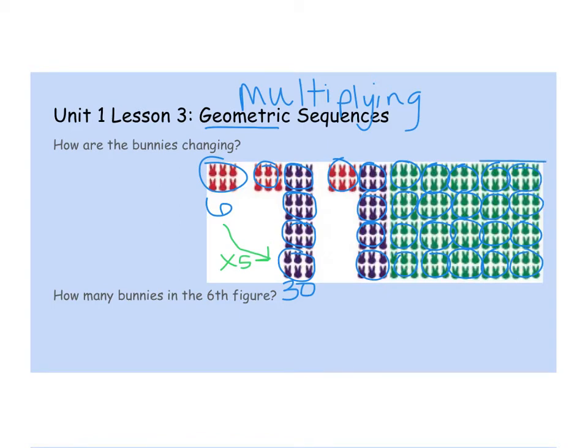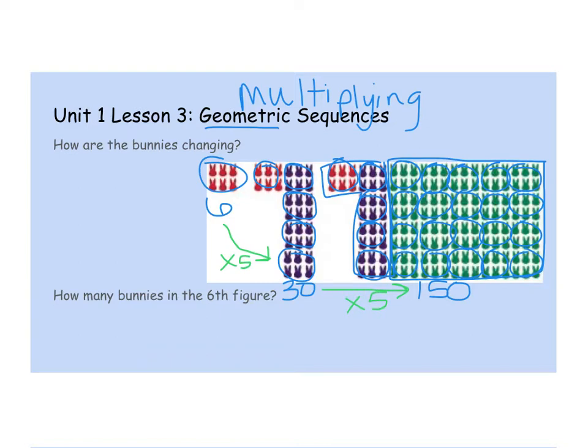Okay, so those are 20 groups of 6, I should say, right? So that's 120 plus these 30 that we started with. It'd be 150 bunnies there, which means from 30 to get to 150, we multiply by 5.